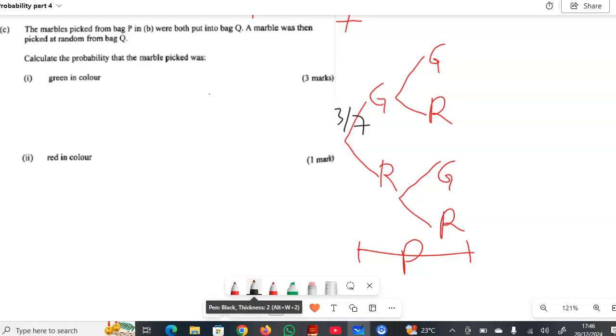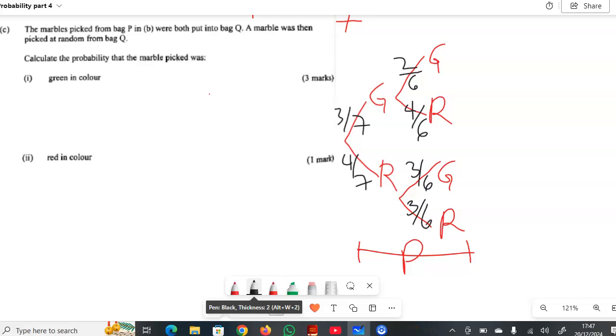This one was 4 over 7. Then second case, because we are not returning, so deducing, that is 2 over 6, and this one was 4 over 6. Then same case here, we had 3 over 6, 3 over 6.